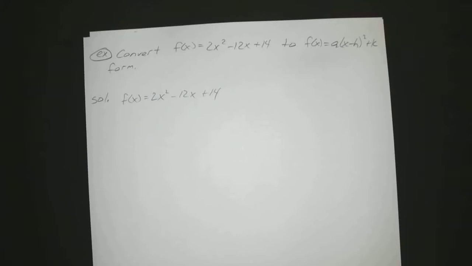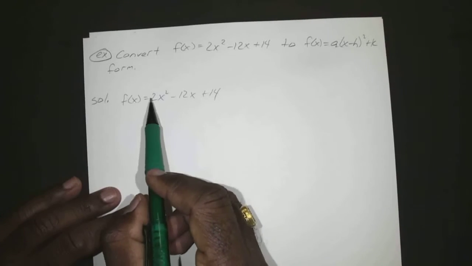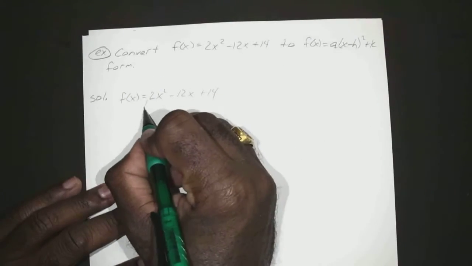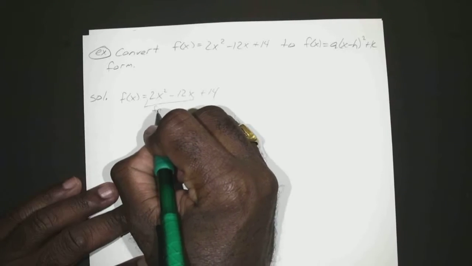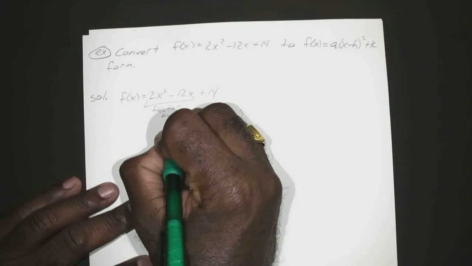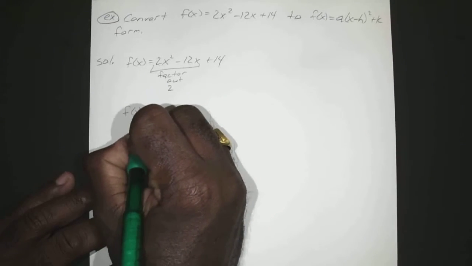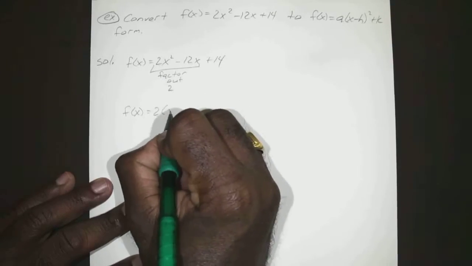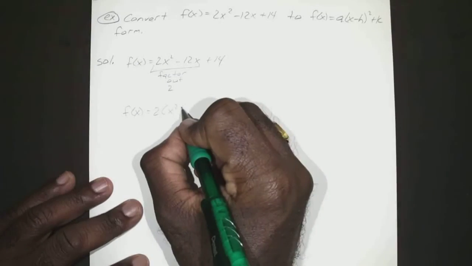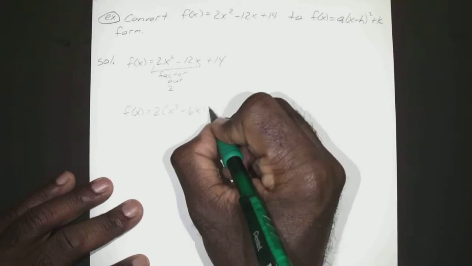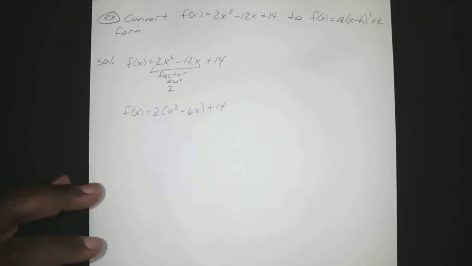I mean, you could, but it would kind of confuse things a little bit. So the quickest way to do this one is to factor out a 2 from those terms. Okay, so that means we have our f of x equals 2 times x squared minus 6x plus 7.